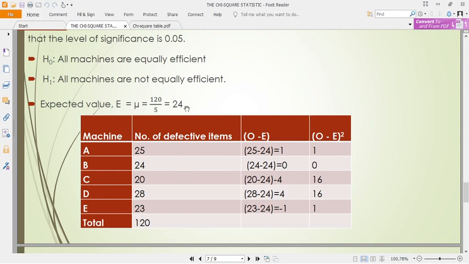Therefore we are going to subtract the mean or the expected value from each observed value, because we are interested in the difference. So for machine A, the difference between the observed and the expected will be 25 minus 24. Machine B, 24 minus 24, 20 minus 24, 28 minus 24, 23 minus 24.